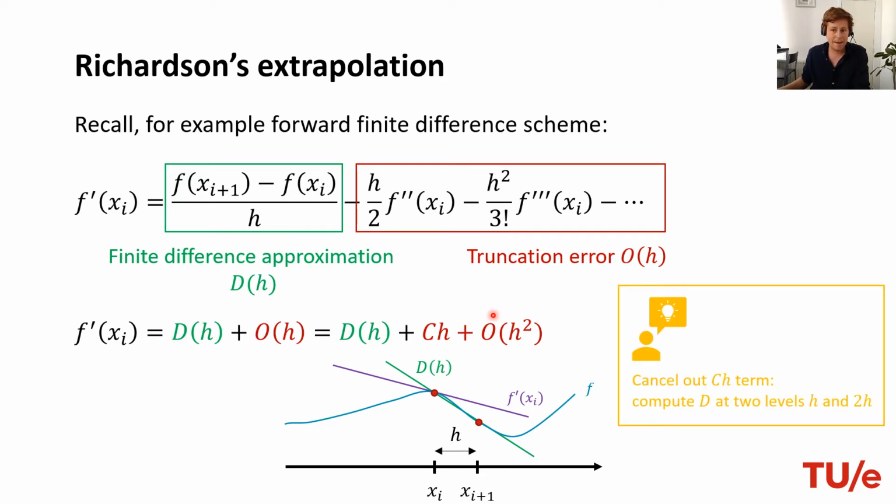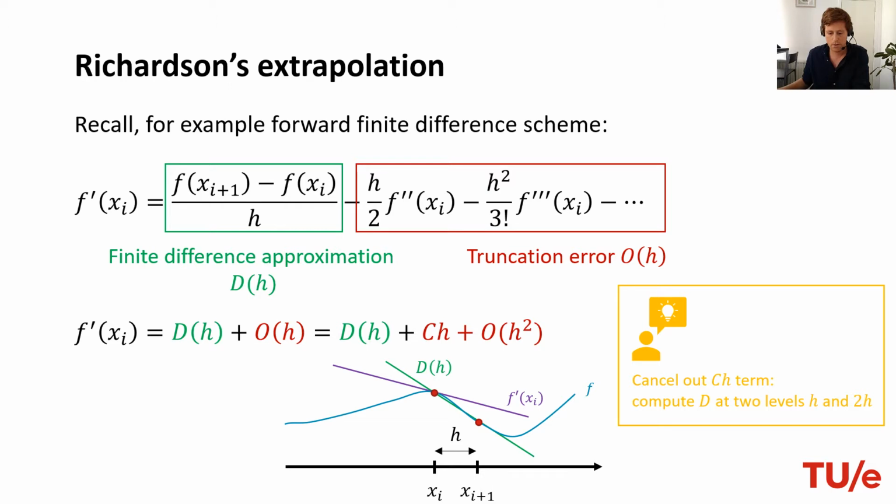The idea that we now have is to try to compute this D at two levels, namely h and 2h, because they should both approximate the same value of the derivative here on the left-hand side. And in doing so, we try to combine those two formulas to cancel out this leading order error term.